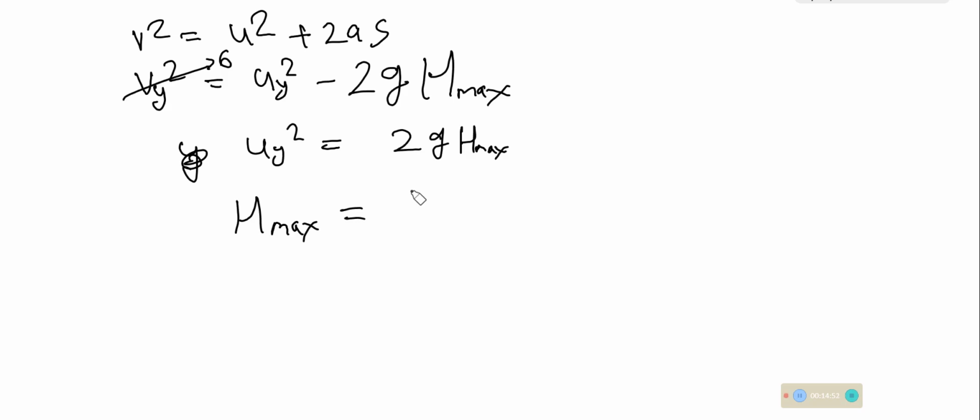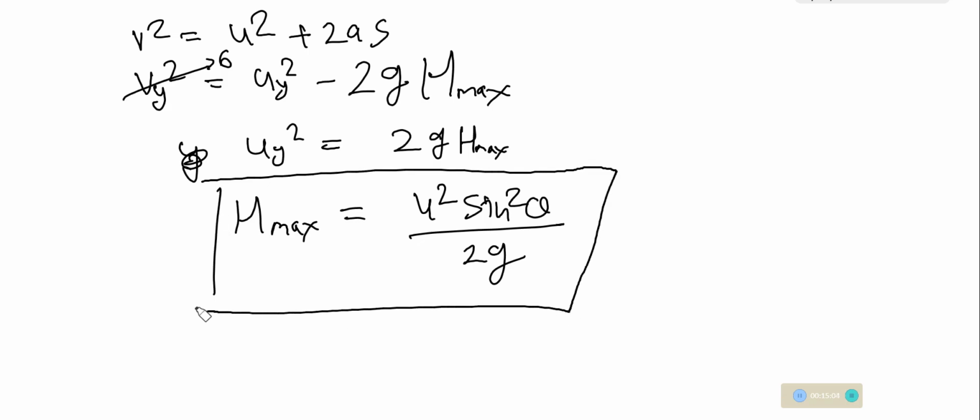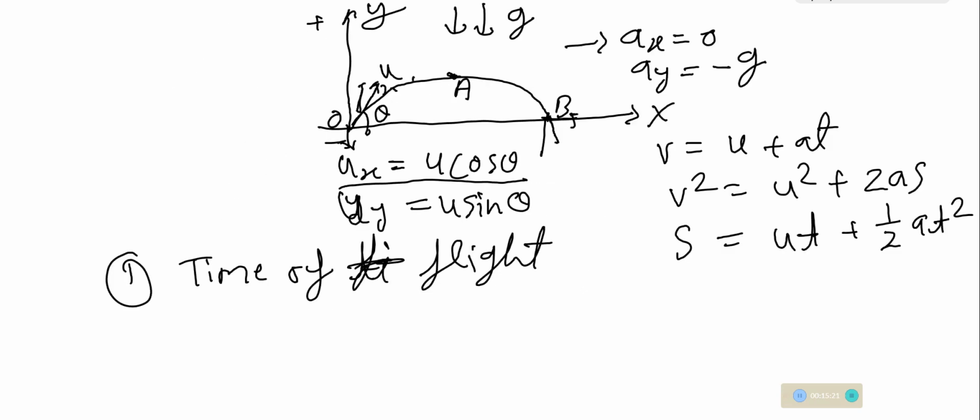What is uy? It is u sin theta, so h maximum is equal to u square sin square theta upon 2g. So this is the maximum height of the particle.